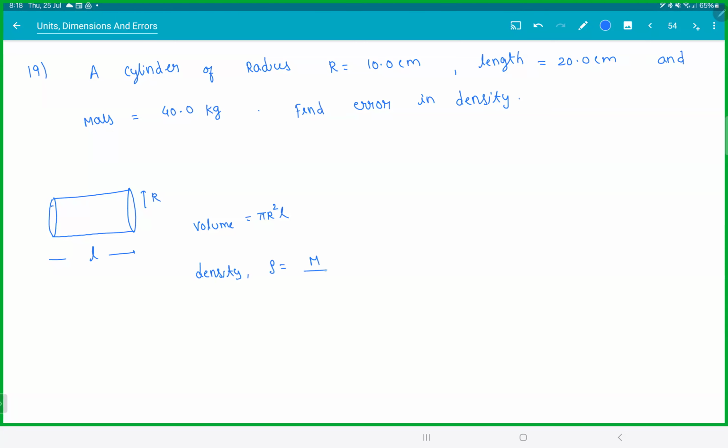Rho is mass by pi R square L. So d rho by rho, dm by m, d pi by pi, but that will be 0 because it's a constant. So you can actually ignore any constants that are there. 2 dr by r plus dl by L.